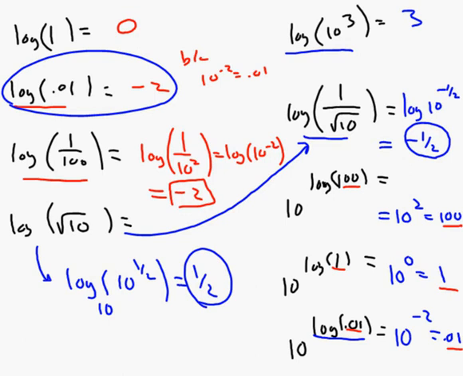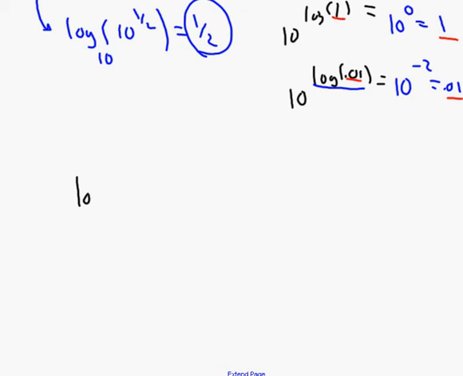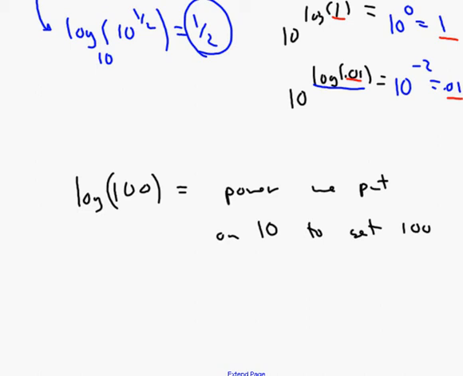Let's think about what log 100 means. When we write log 100, that's equal to the power we put on 10 to get 100. Now, you happen to know in this case that that number should be 2. That 2 is the perfect power to put on 10 to get 100.